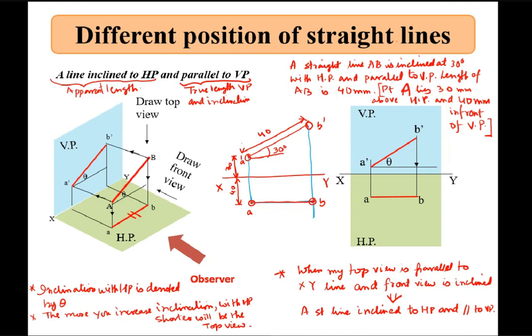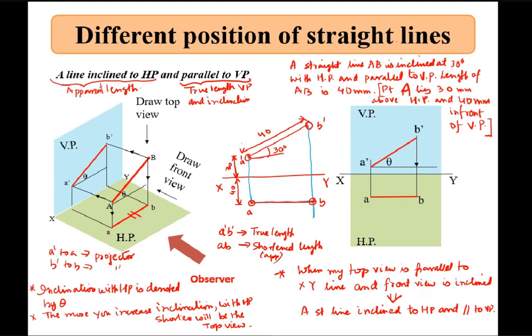A dash B dash is my true length, and AB is my shortened length, or you can say apparent length. Clear? A dash to A is called a projector. B dash to B is again a projector or projection line.